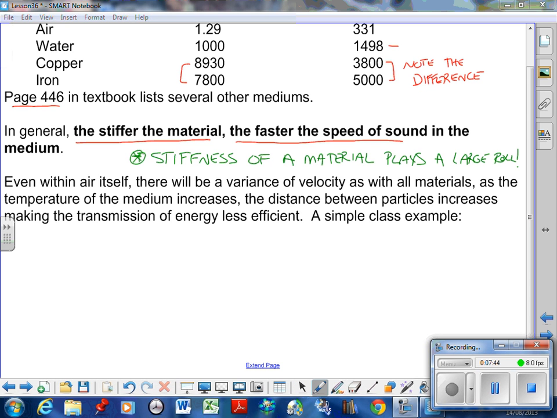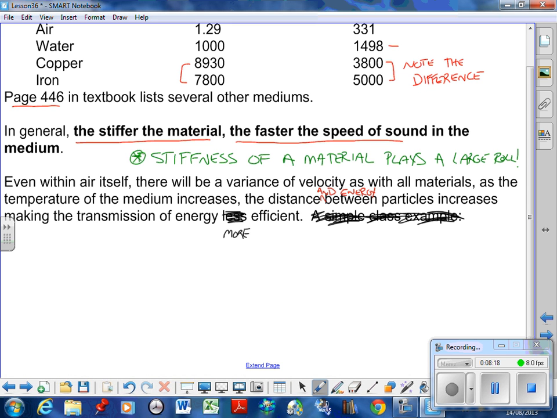So as the temperature of a medium increases, the distance between particles and energy increase, making the transmission of energy, and that actually should be more efficient. Okay, and I'm not going to worry about the example, and we'll talk about that in a sec.